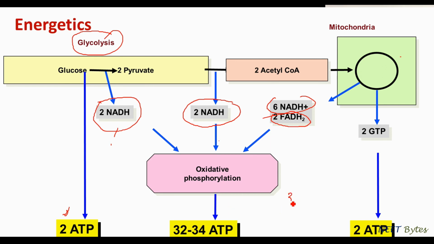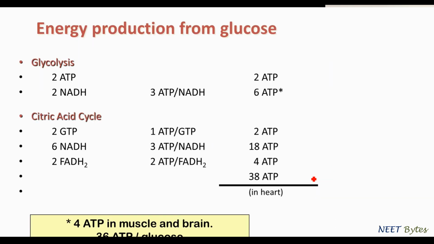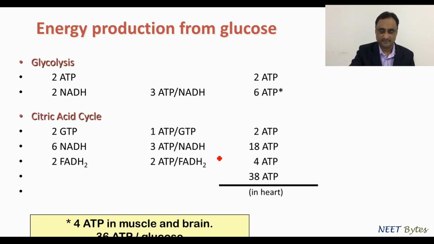So altogether we see that 36 to 38 ATP is formed. So it's 36 in one case, 38 in another case. We will see about that, right?